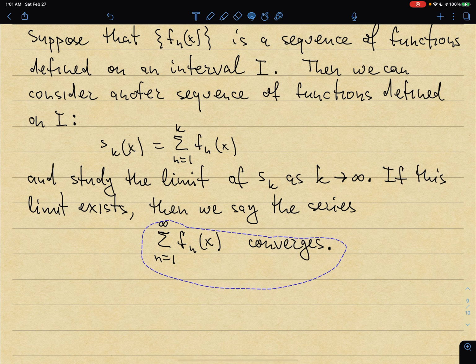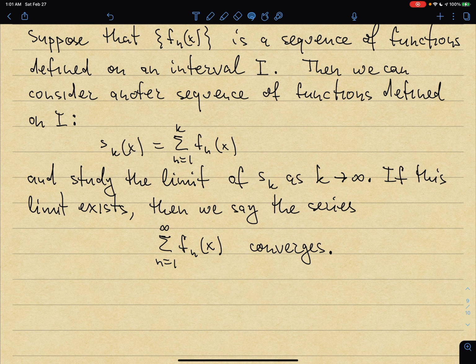Okay, so it's all nice and good, except for one thing. Remember that for numbers, convergence was really simple, right? Really simple in the sense that we had the definition of a limit. If a limit exists, then we're happy. Then a series, if the limit of partial sums exists, then your series converges. But as we discussed in the last couple of lectures, for sequences of functions, convergence is more complicated.